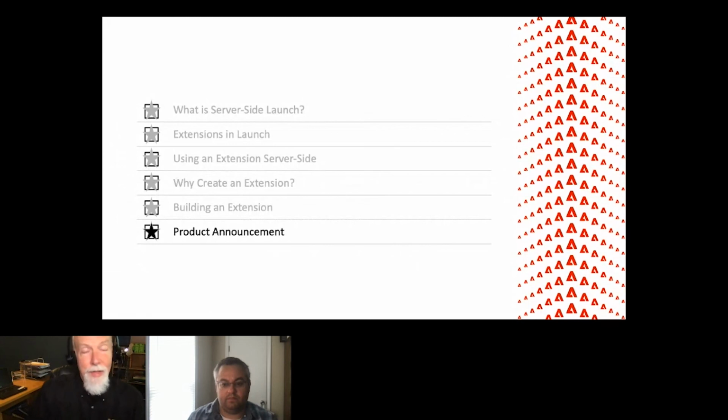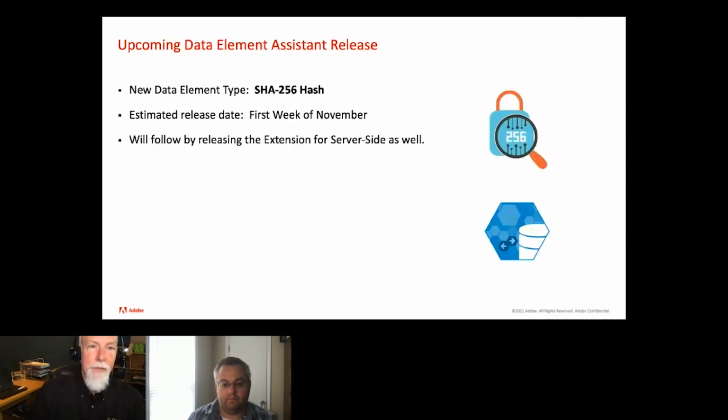I mentioned earlier that we had the Data Element Assistant, and we're preparing a new release for that tool. Last year, there had been some requests that people wanted a way to generate unique user IDs, so we added a new data element type that creates UUIDs. And then we've had some requests come in this year, and it really ties into what we're talking about today.